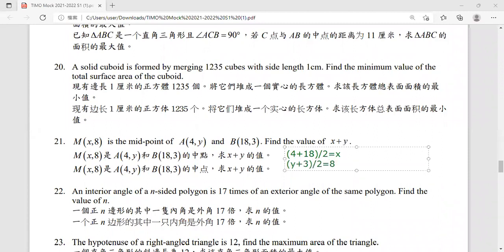So you'll find x equals 11 and y equals 13, and then x plus y equals 24. Just that. Nothing special.